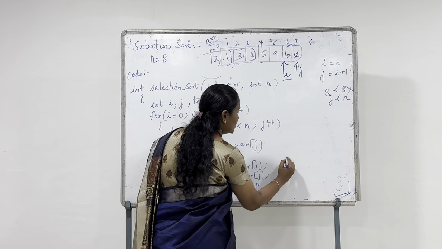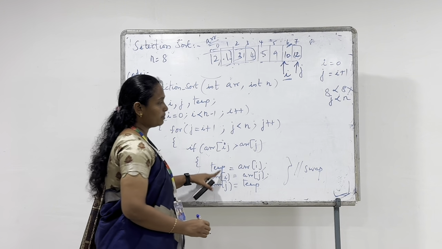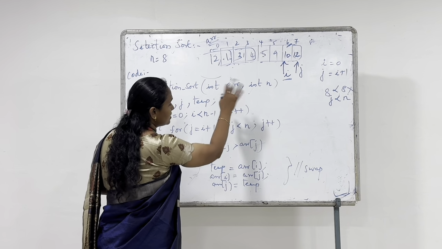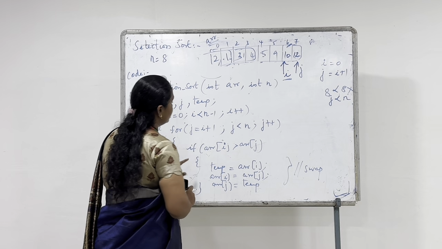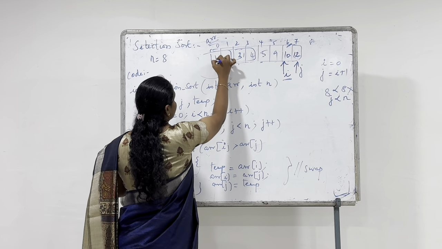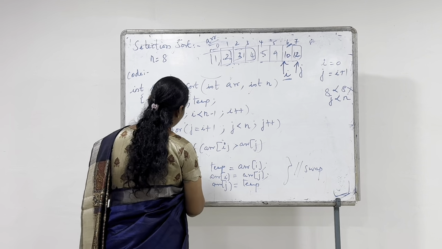So this is where the swapping is happening. So here is the part where the swapping is done. Here we are comparing these two elements, and these 3 lines are used to swap these two elements.